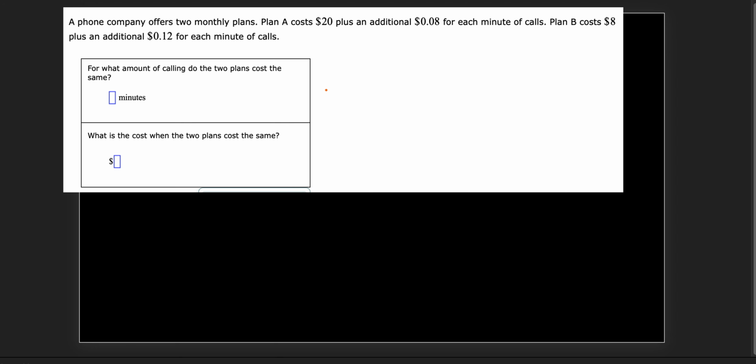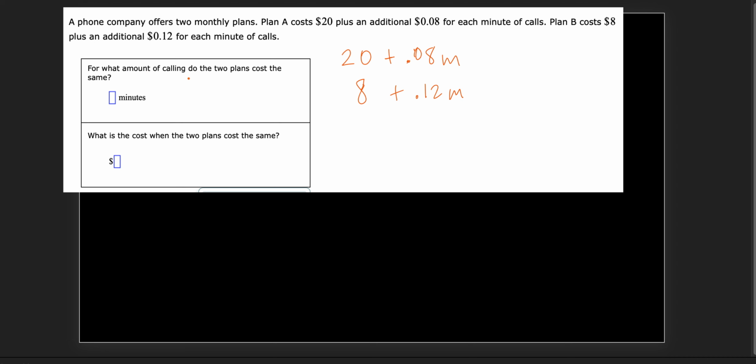So 2 different companies, and they have the same kind of cost structure. Plan A for this company costs 20 plus an additional 0.08 for each minute of calls. Plan B involves $8 plus an additional 12 cents for each minute.